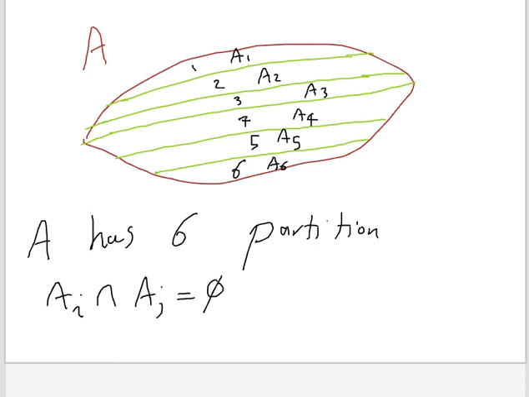All the Ai are disjoint from the others: Ai intersection Aj is empty, and the union of the Ai from 1 to 6 is A.